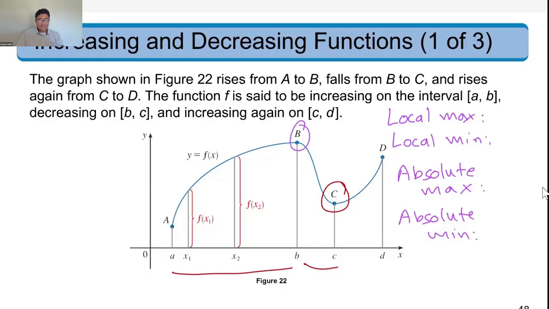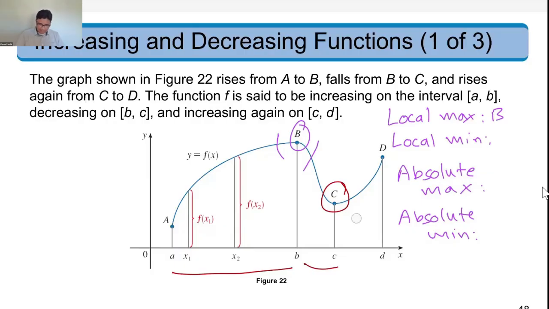And then I can guarantee that B must be the max because it was increasing and then it is decreasing, right? We call that kind of max a local max. Now, you'll ask me why it is local max. Because locally, if you look around here, that is max.